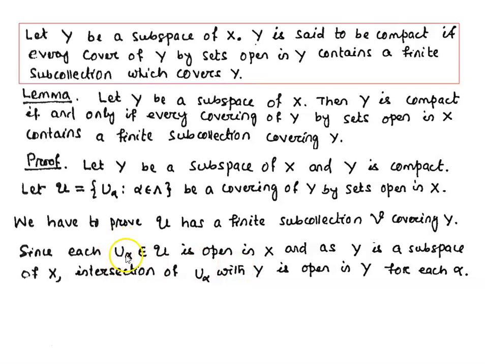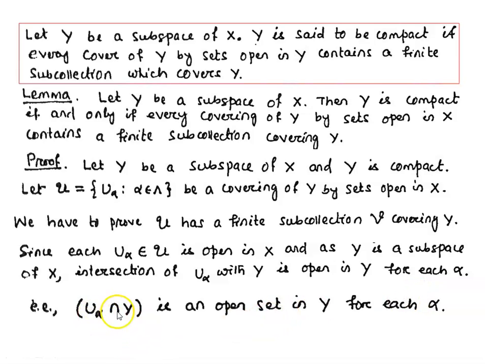Since each U alpha is open in X and Y is a subspace of X, the intersection of U alpha with Y is open in Y as per the subspace topology.